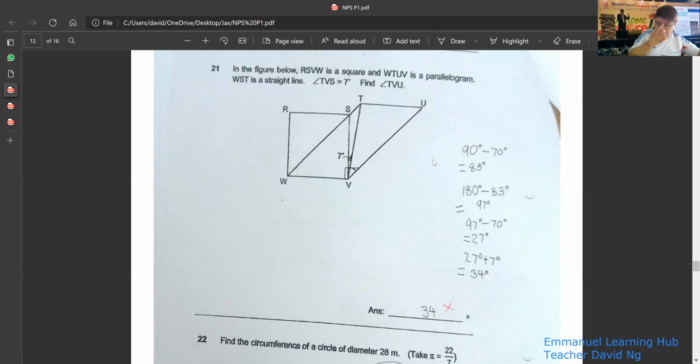For this question, do you notice your working here doesn't need you to know that this is a square, this is a parallelogram? You didn't make use of these two facts as given, right? When you notice you don't need to use the facts that they give you, you're on the wrong track. Does that make sense to you?